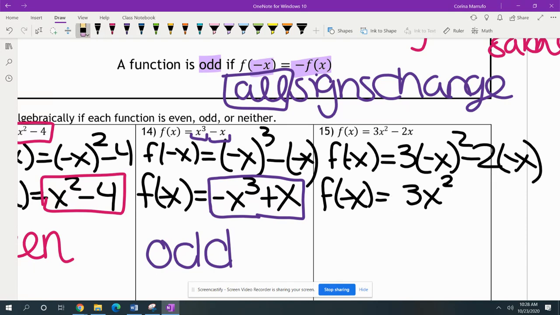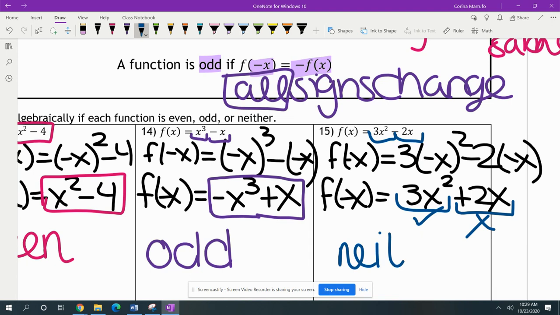So it'll end up being positive 3x squared. And negative 2x times a negative x gives us a positive 2x. Okay, so then we check the signs. 3x squared and 3x squared, this one stayed the same. 2x and negative 2x, this one changed. So either they all stayed the same or they all changed. That means this is not an even function or an odd function. This one is neither.